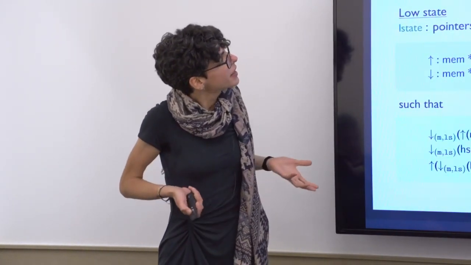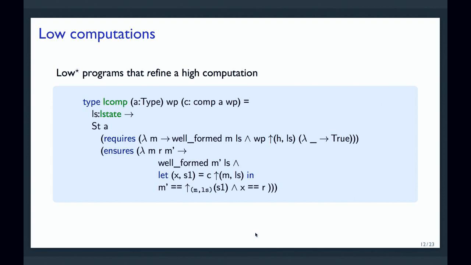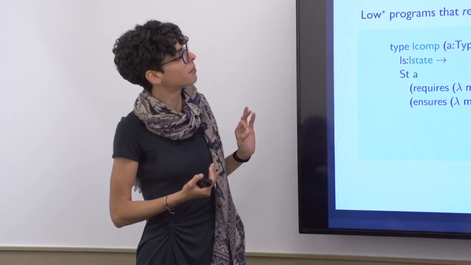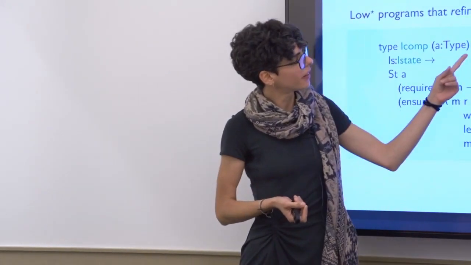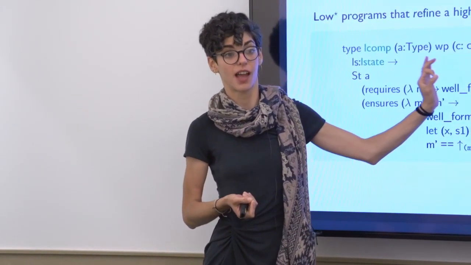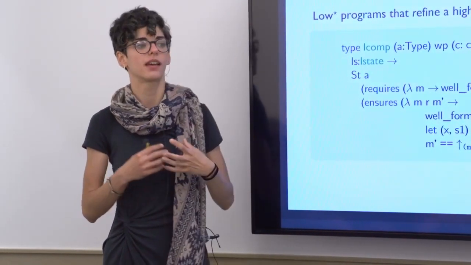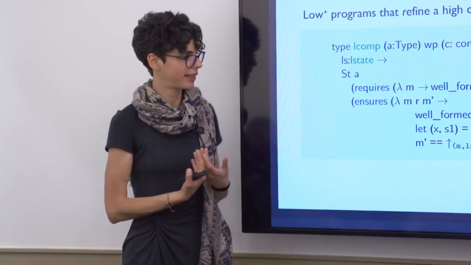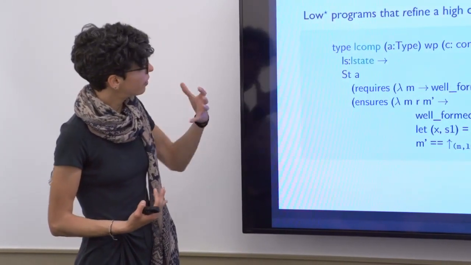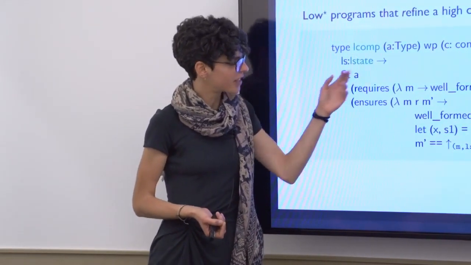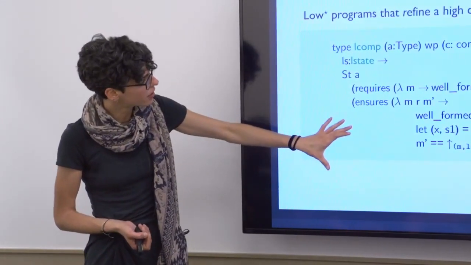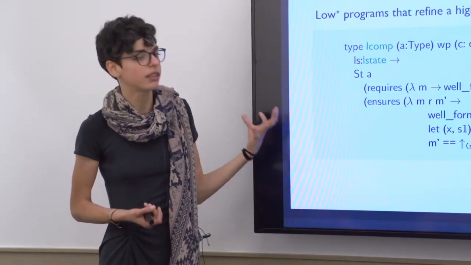So let's see what low computations look like. Low computations are programs indexed by a weakest precondition of a high computation and a high computation that defines what is going to be the behavior of the low-level program. They are parameterized by the low state, and they are computations in the ST effect of Low*.